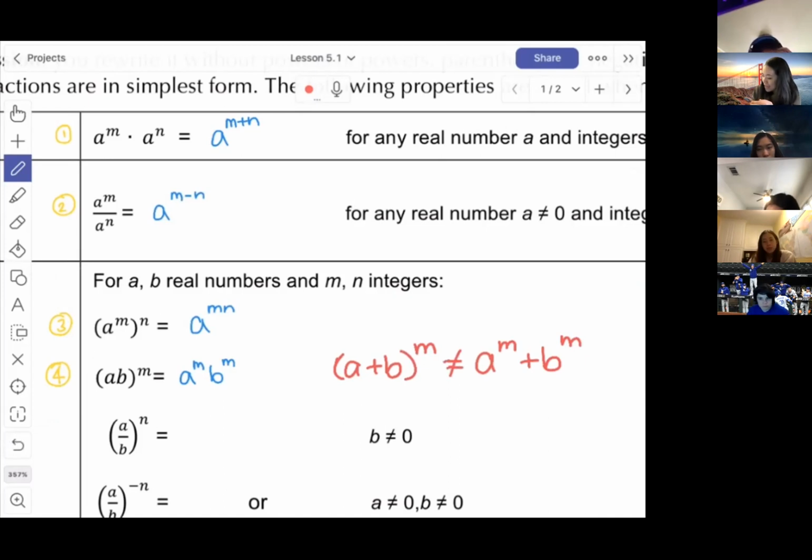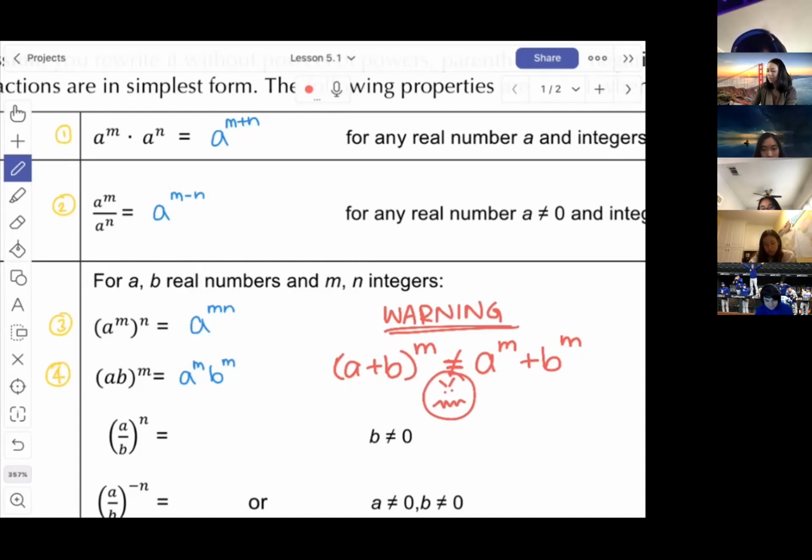I understand completely why people would do that because it looks very correct, right? It looks right. But this is not a property, guys. That is actually not true. So warning, do not do this. This is not true. And I'm going to make a mad face here. Okay. So do not do that. When it's minus, same thing. You cannot do this. All right. Only if the bases are being multiplied.